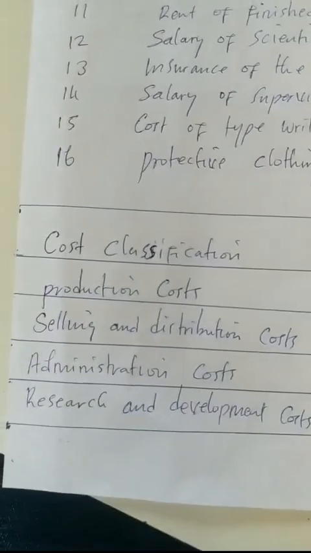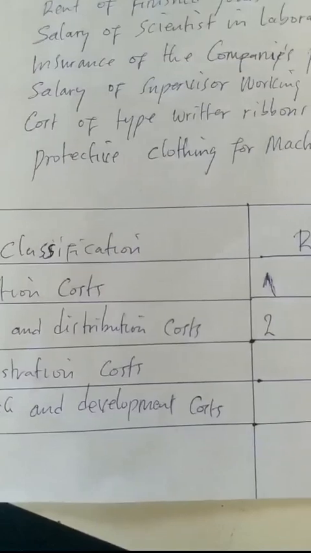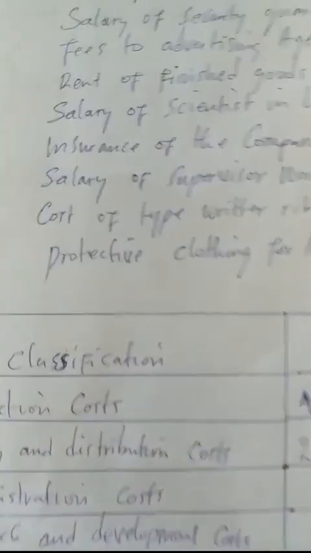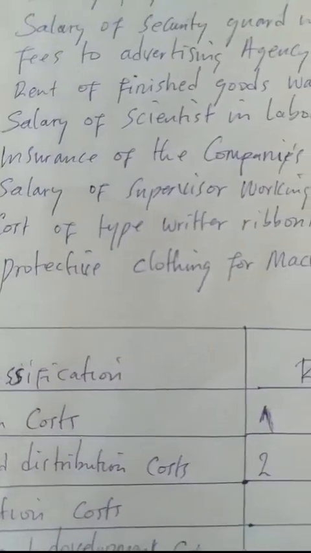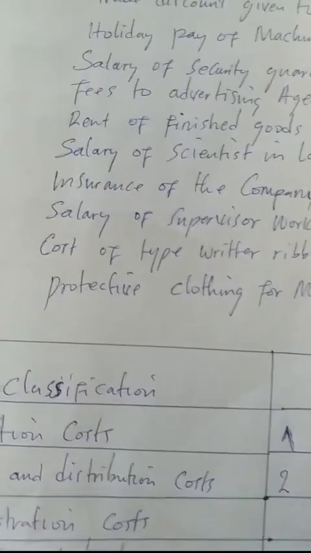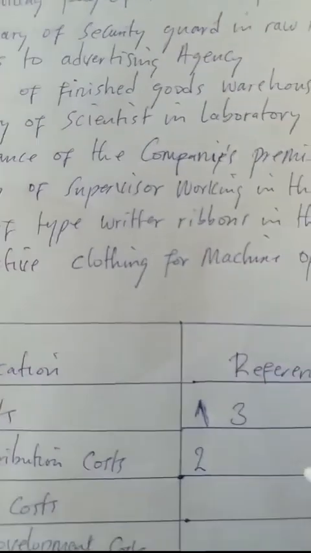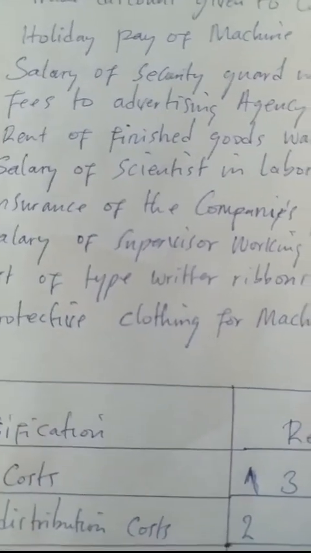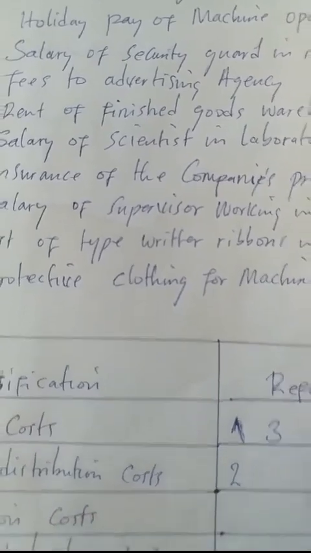Okay, selling and distribution cost. Then number 3, depreciation of factory plant and equipment. Those are production costs. Okay, production costs. Then number 4, cost of chemicals used in the laboratory.